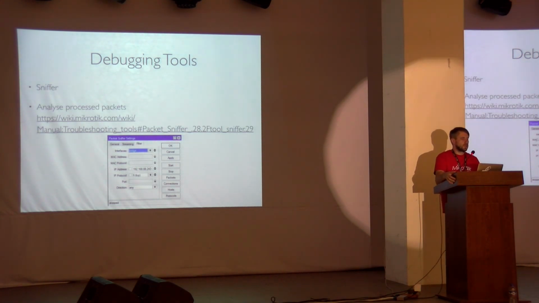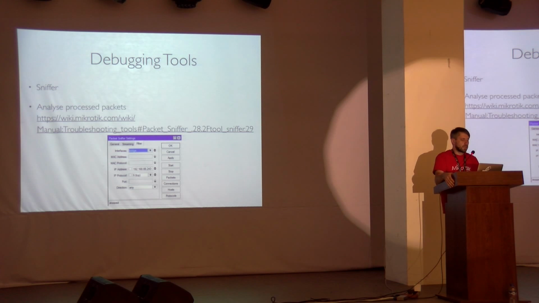When you identify a person who is sending some traffic, and you want to get more detailed information about what this is, you can run a sniffer, and the router allows you to select the interface on which you will run a sniffer, and put some other configuration, like to sniff only for a specific IP address.